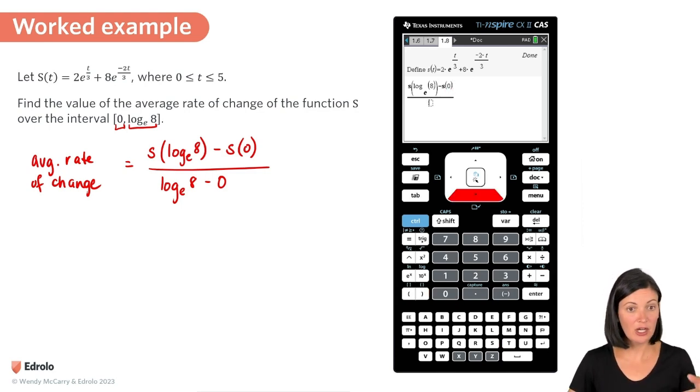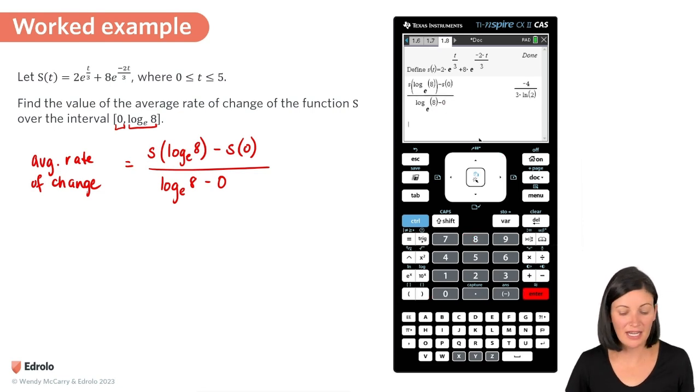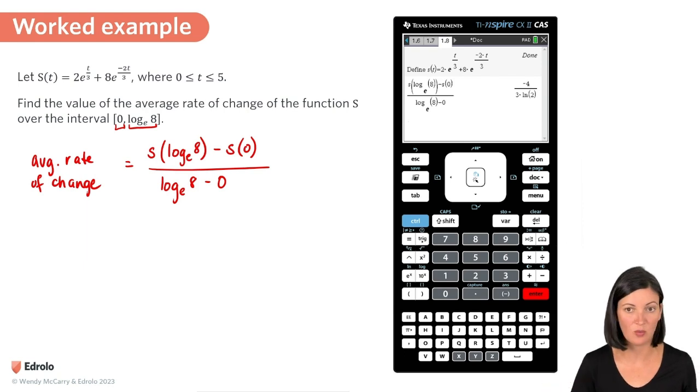And then on the bottom, I'll just write in log of 8 base e minus 0. When I press enter, I get an exact value of -4 over 3 times ln 2. Ln is just log base e, so we could write our final answer in terms of log base e just to be consistent with the question.